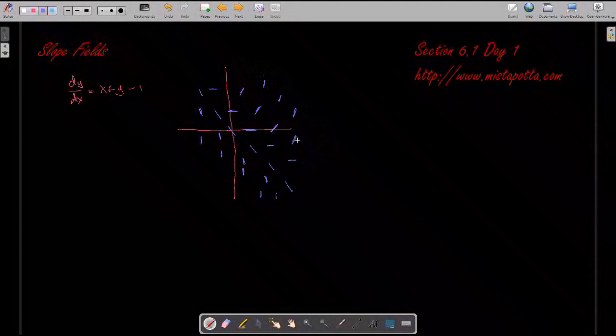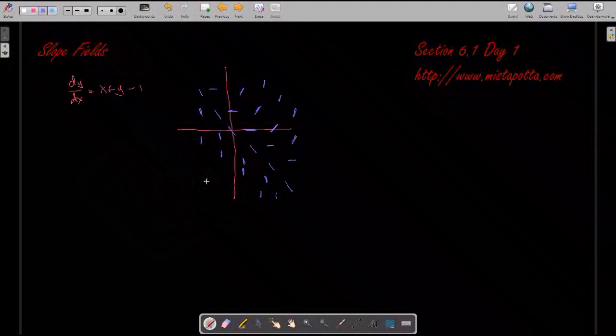I should see the slopes getting larger as y increases for a constant x. And as I look towards the third quadrant, as I come down here, I should see the slopes getting more and more negative.